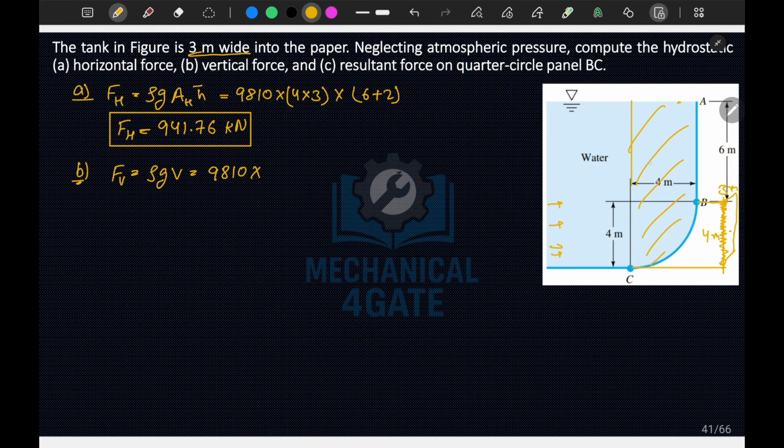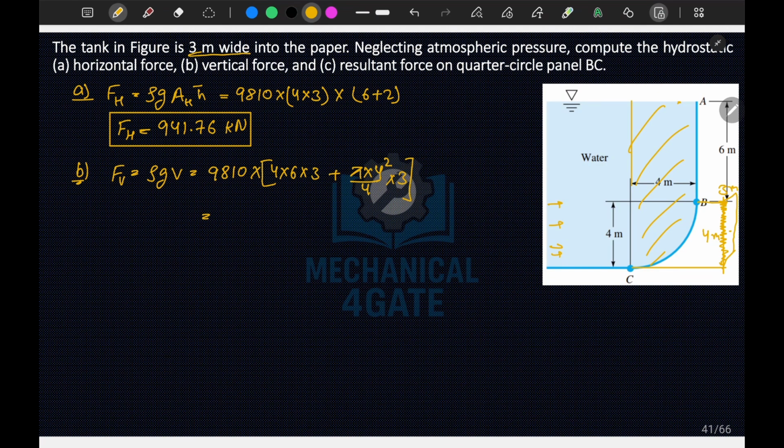The volume for the rectangular section will be 4 meter, this dimension is 6, so 4 into 6 into width in the paper, which is 3 meter, plus this area, which is a quarter circle of radius 4 meter. So pi r square divided by 4 is the area of this quarter circle, into depth of 3 meters. So this is your rho g V.